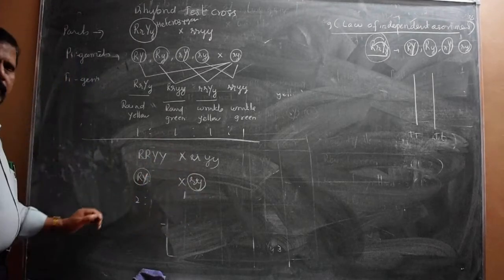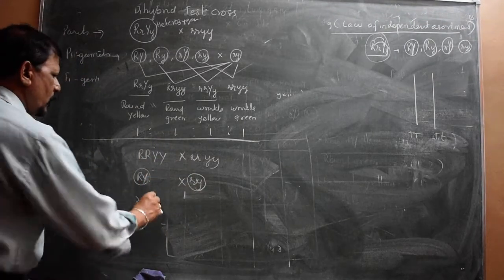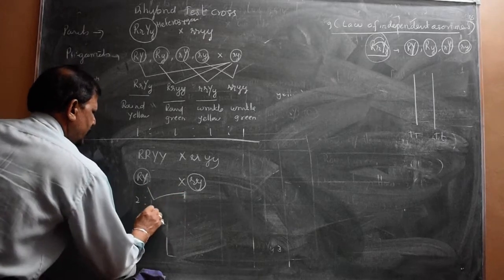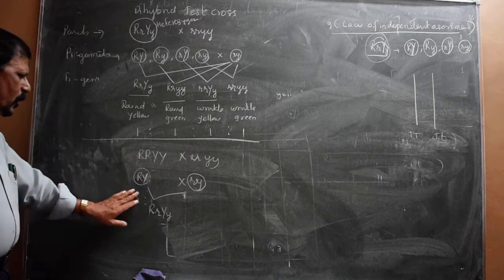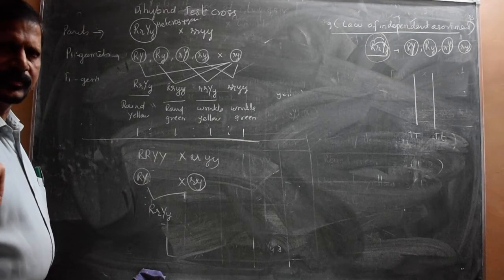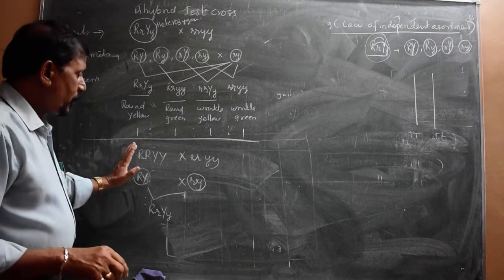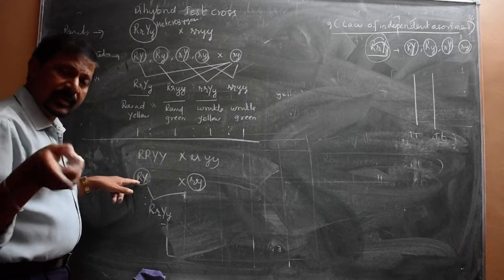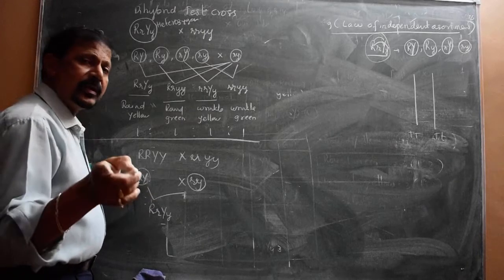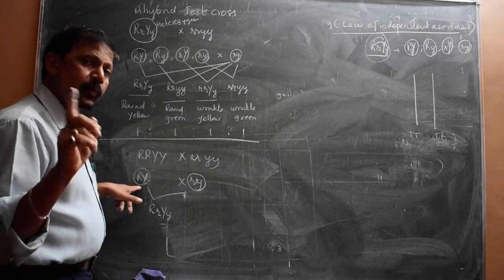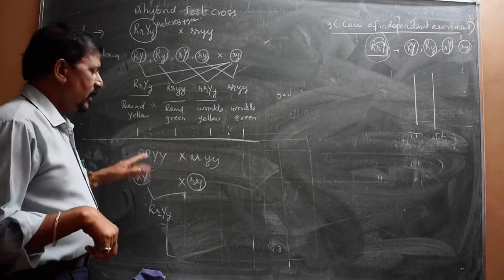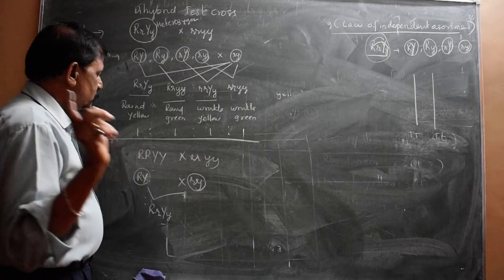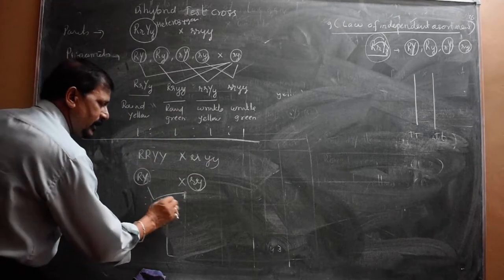Only 2 different types of gamete could have been obtained, and the plants will get capital R, capital Y, small y, and all the plants are of only one type. If all the plants we get are of one type, it means the dominant plant is homozygous. That we also proved in the monohybrid test cross. One side it is a revision here, and we proved it already. So here only one type of ratio we get.